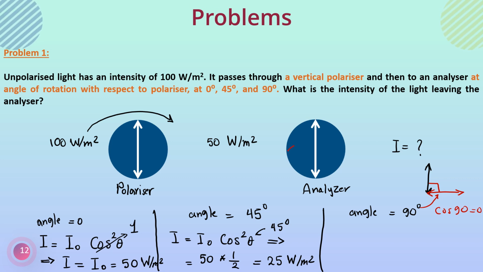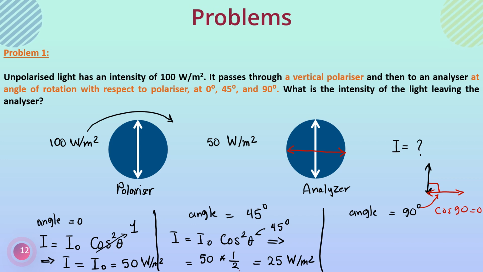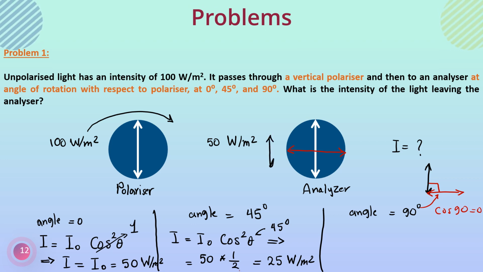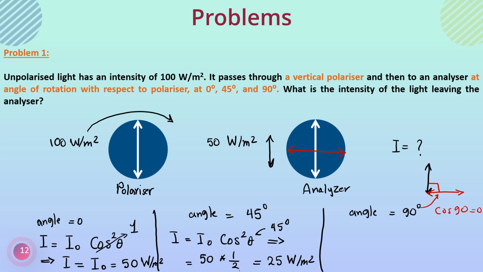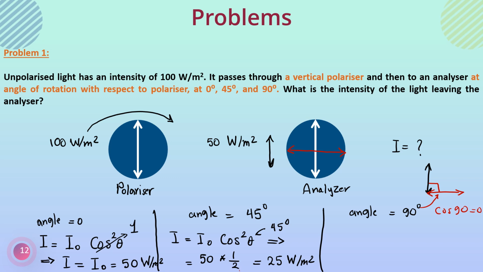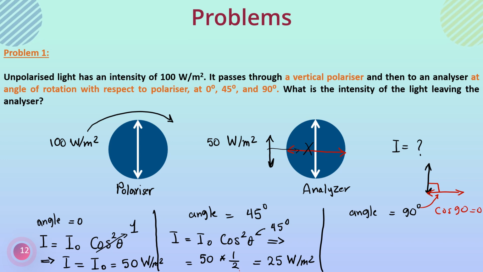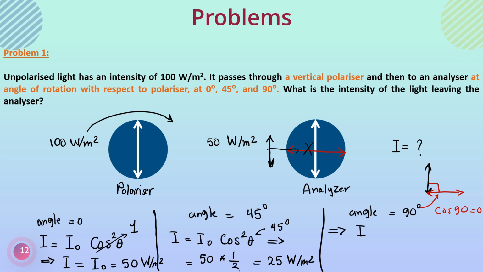If we have light which is already polarized, vertically polarized light, entering this filter, what do you expect? It will not pass through, right? It will be blocked here. So I'm expecting, by definition, by our understanding, that the intensity is 0.